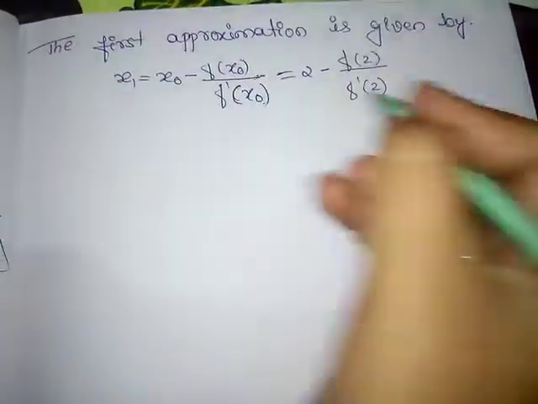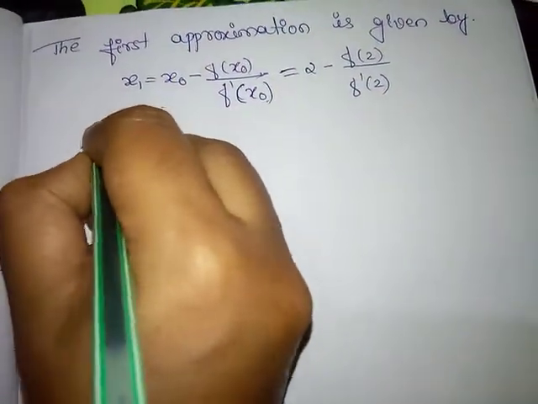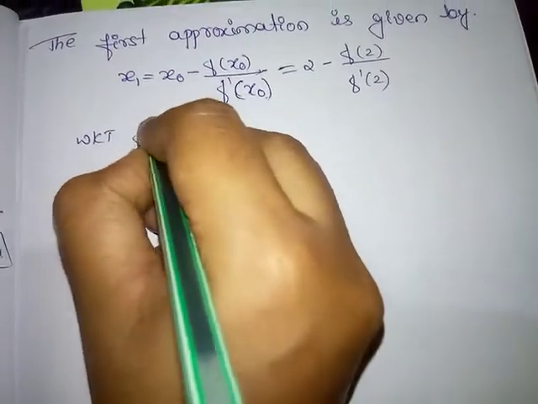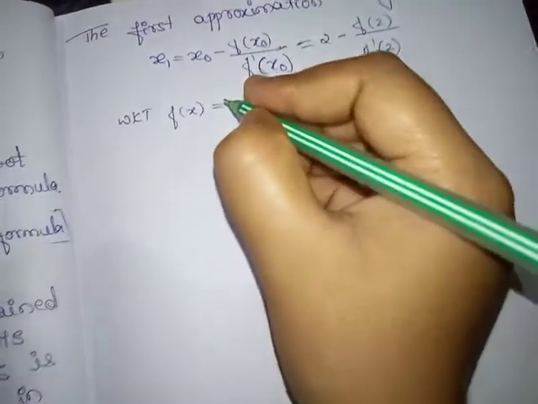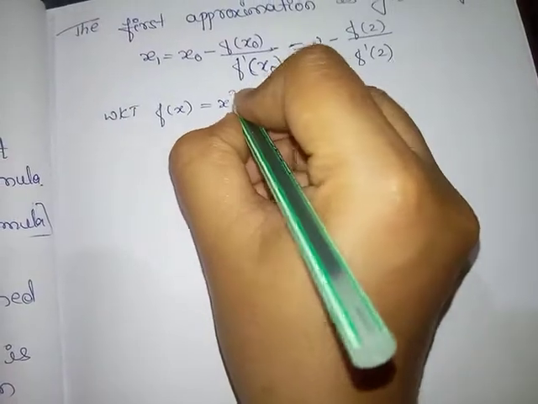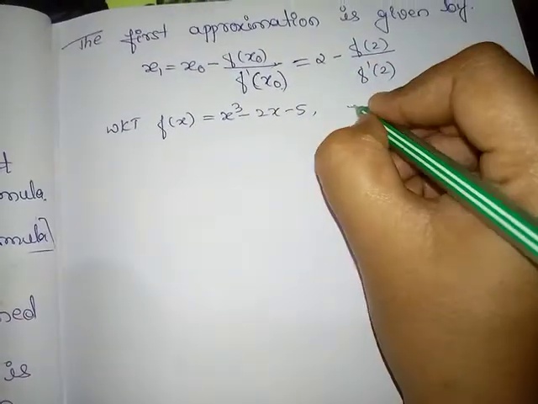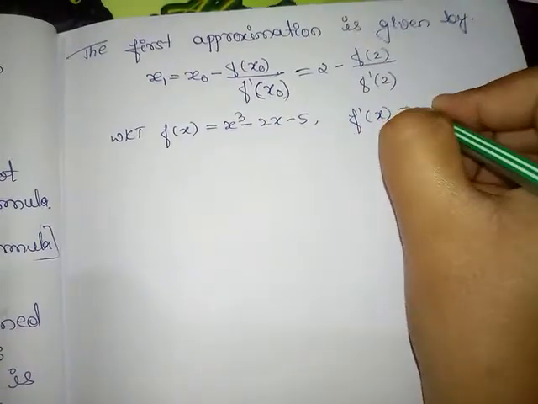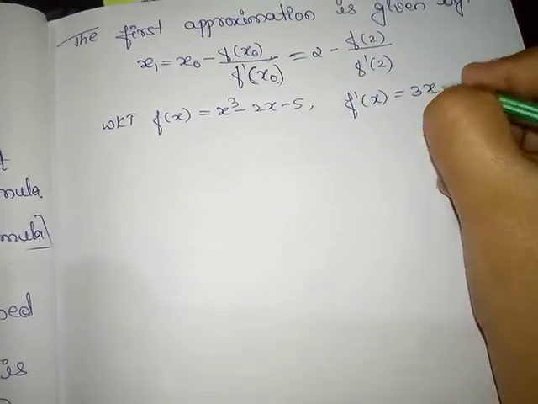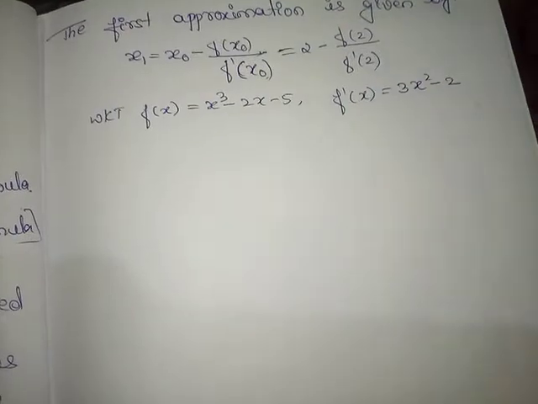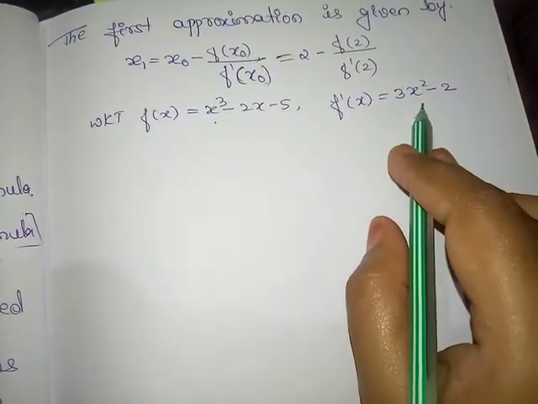We know that f of x is equal to what? X cube minus 2x minus 5, and f dash of x is 3x square minus 2. F of x is this one, f dash of x is this one.